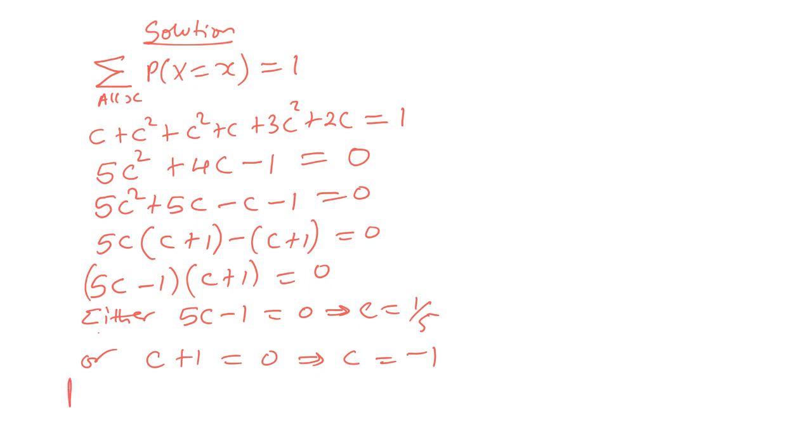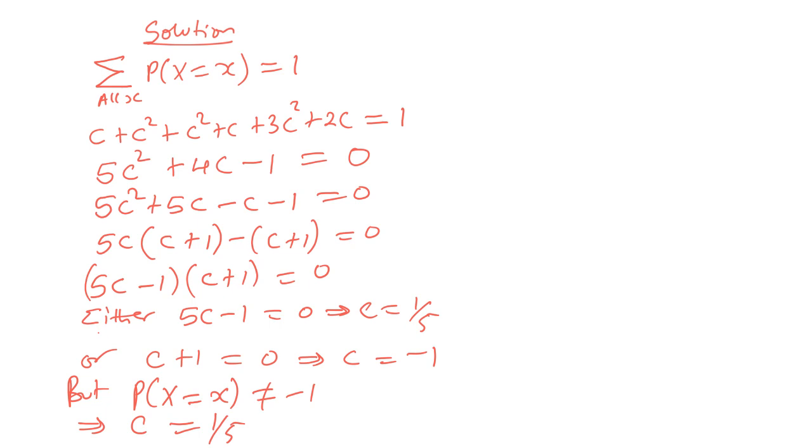But there is something we know about probability. The probability of an event cannot be more than 1 or negative. So this means that the value of C we agree on is C equals 1 over 5. Why are we discarding C equals negative 1?